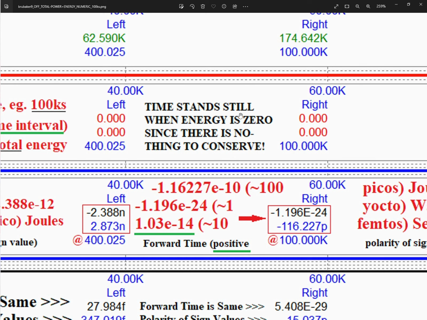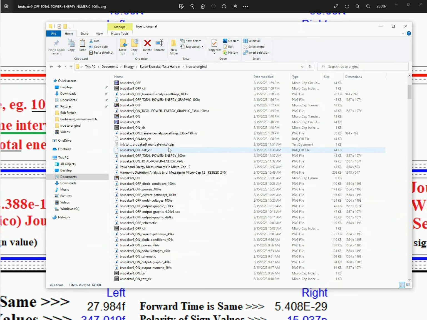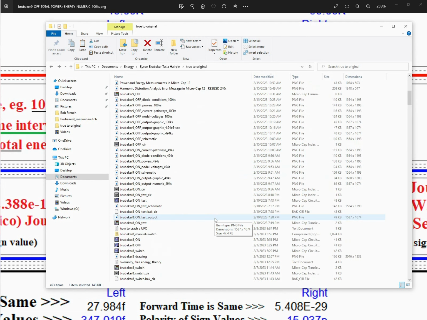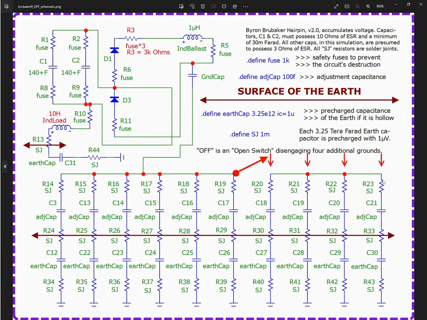Because if that's the case, then I had to learn to see, when I was constructing the circuit in the off condition, I had to pay attention to everything going downwards, because I wanted to make sure that I had the correct number of grounding rods to the right of the switch here.